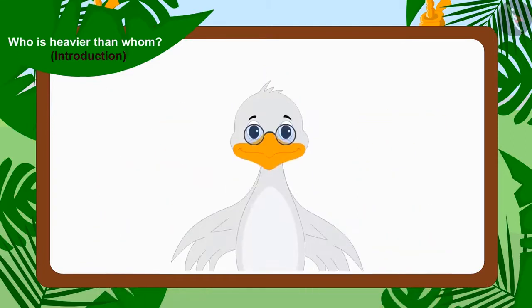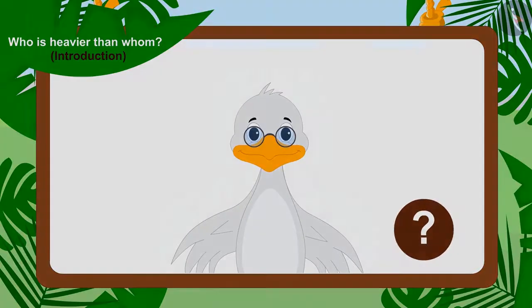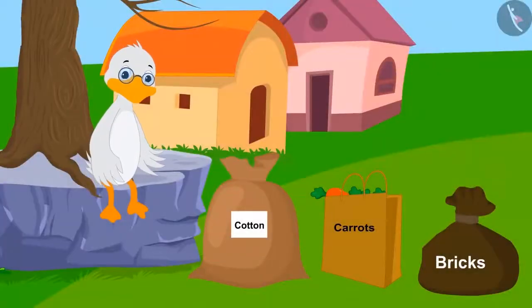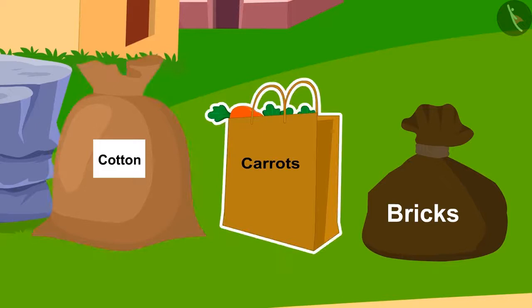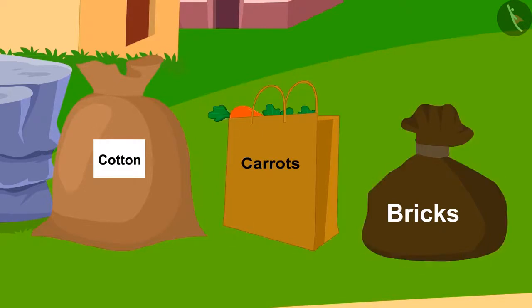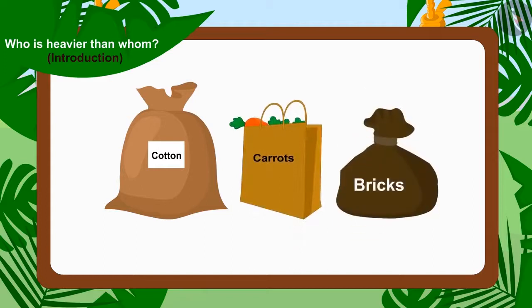Let us see how Uncle is solving this puzzle. Uncle noticed that the three contestants brought different items in different bags and sacks. Therefore, we cannot compare their weight. So, what can we do now?